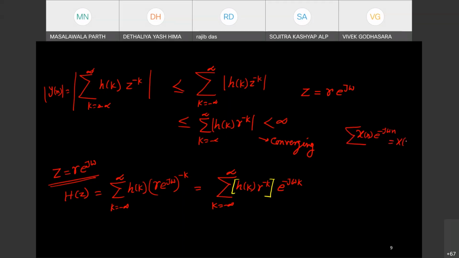This is your capital X of e to the power j omega. It is the Fourier transform. So this is simply the Fourier transform of the sequence h of k times r to the power minus k.